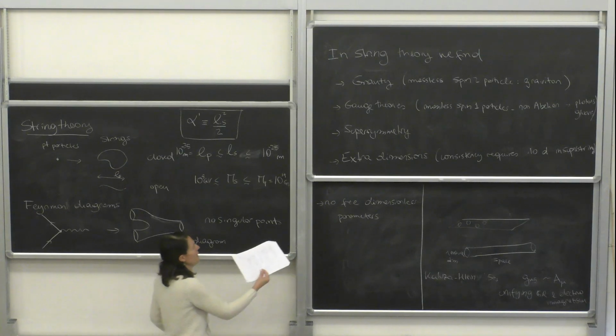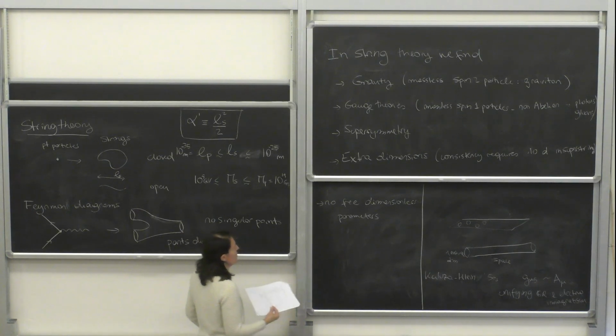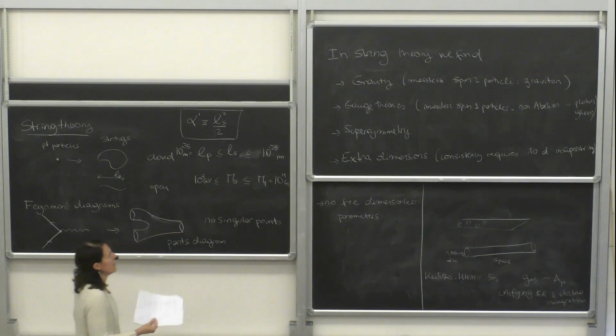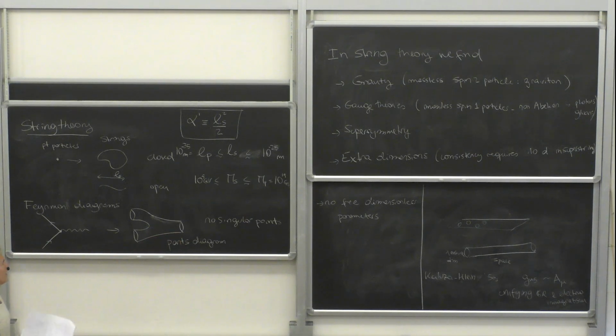This doesn't happen here. There is no free dimensionless parameter. And the ones which are dimensionful, we cannot say they are free, because in principle one can observe that, and that's fixed to be something.